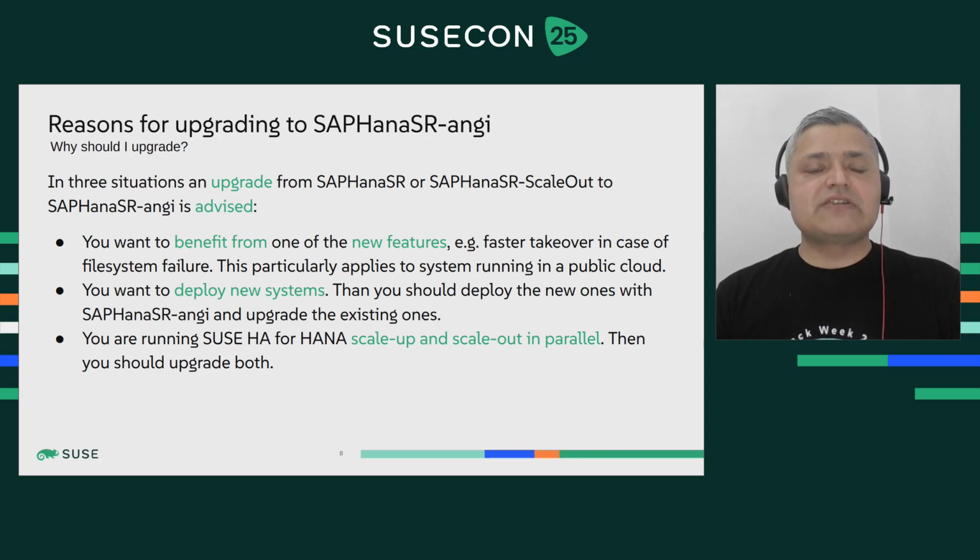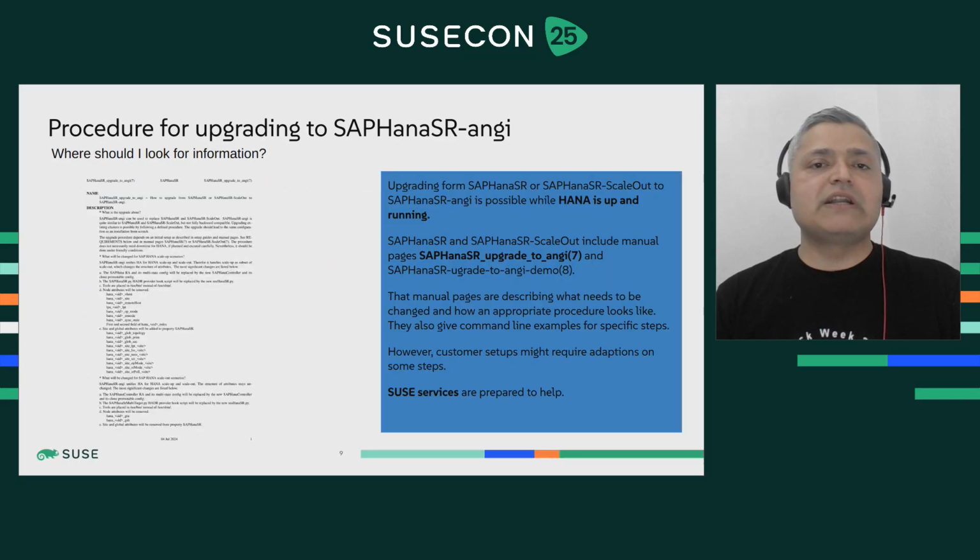So these were the reasons why one can upgrade from the classic to the new SAP HANA SR-angi. Now, how can we do the upgrade? SUSE provides a manual page called SAP HANA SR upgrade to ANGI.